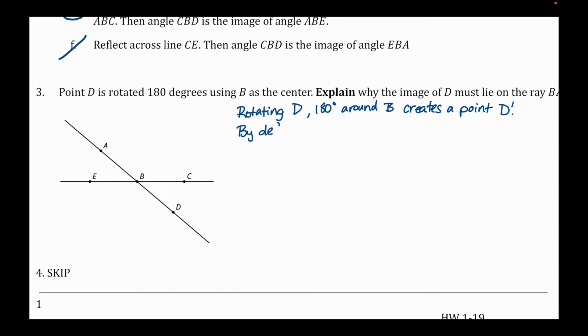By definition, the measure of angle D B D prime, so that's the point, the center of rotation, and the image of the point, is equal to 180 degrees. This means they make a straight line.